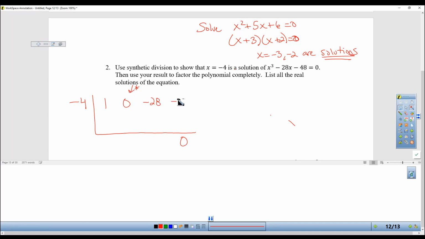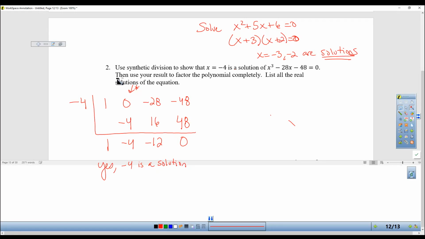Minus 28, minus 48. Add, multiply, add, multiply, add, what is that, 12, -12, multiply, 0. Okay, so I did it. I showed that it's a solution. Yes, -4 is a solution.